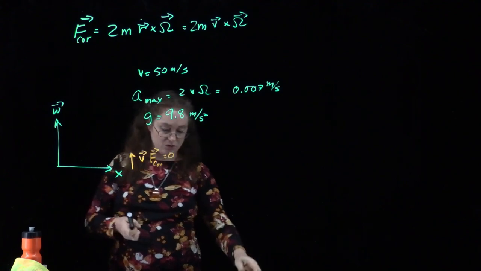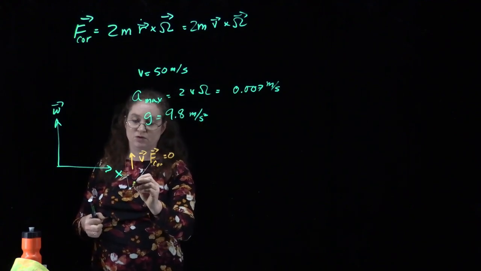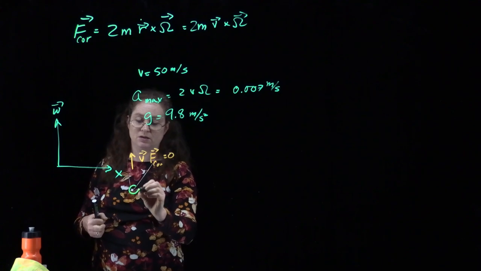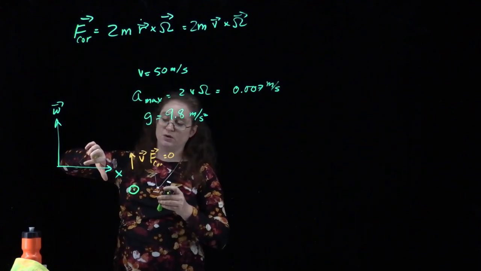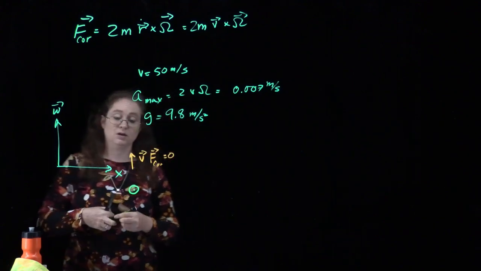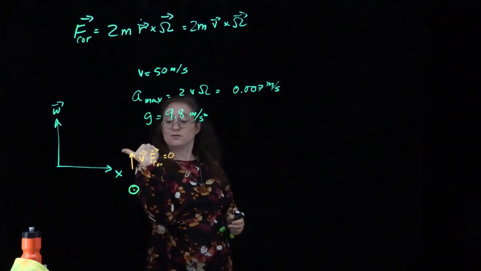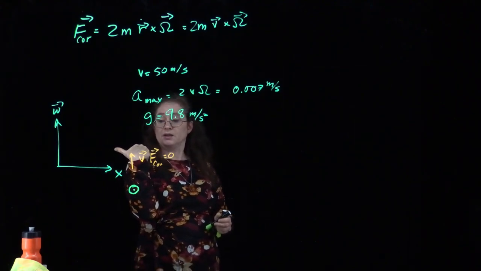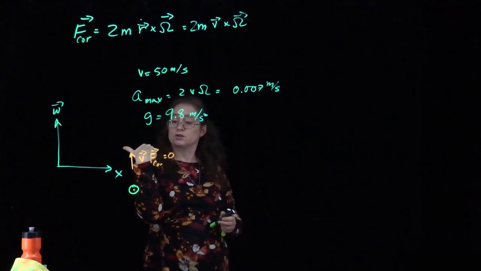If I throw a baseball here, that would be throwing it west. And here I have to use my left hand so you guys see it correctly. Omega cross v is going to give an apparent force.